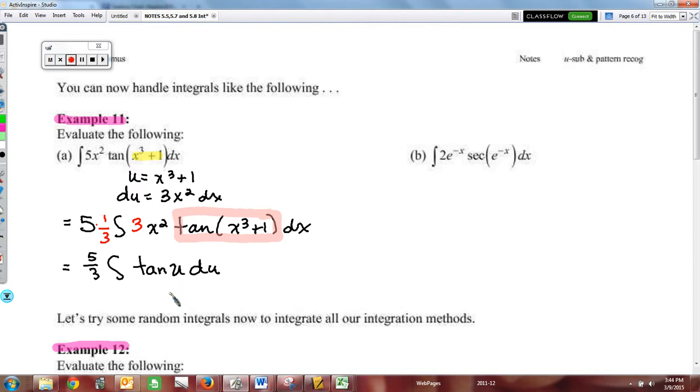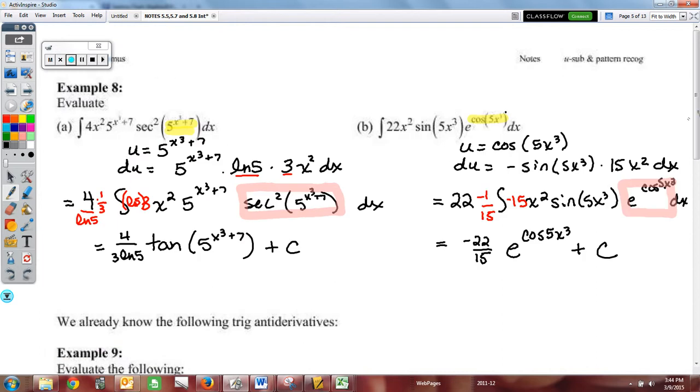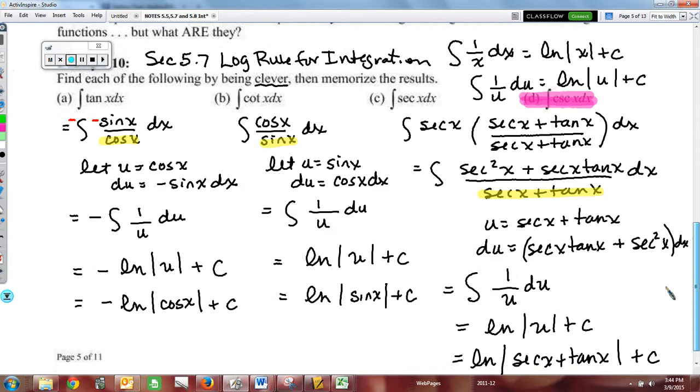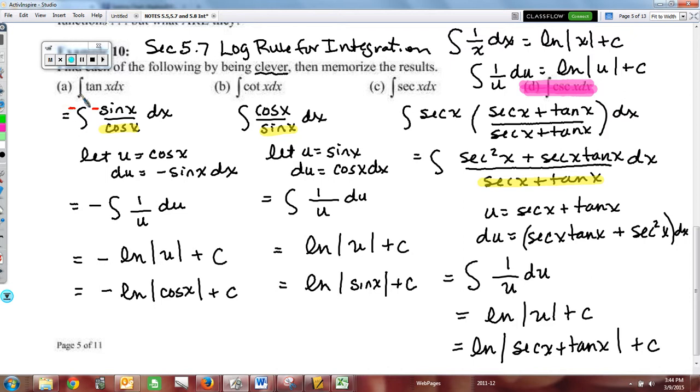Now, of course, this is where you should have memorized from the previous examples over here that our rule for integrating tangent is going to be negative natural log absolute value cosine of u plus c.